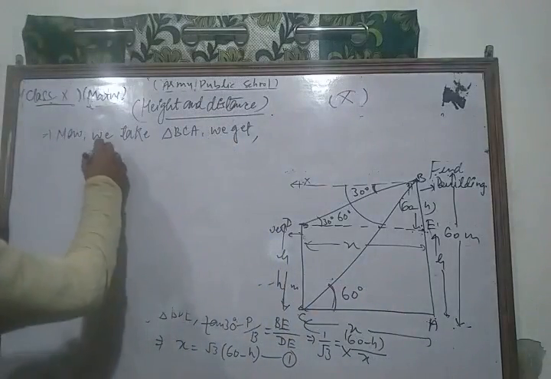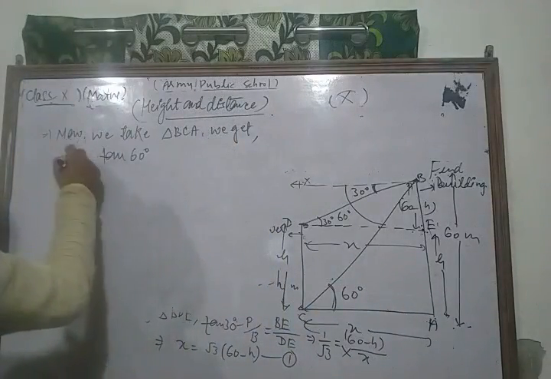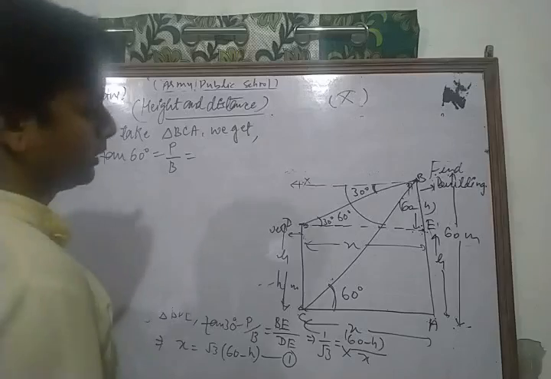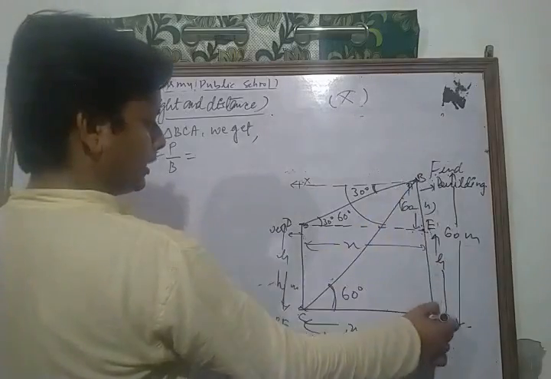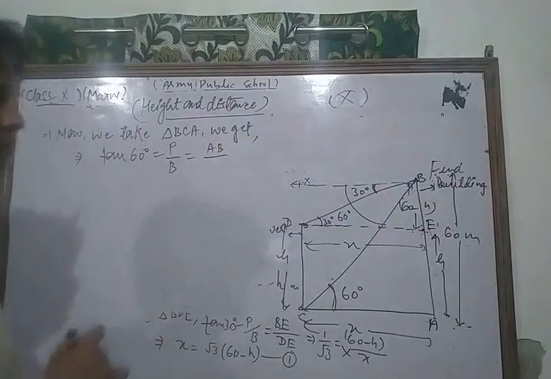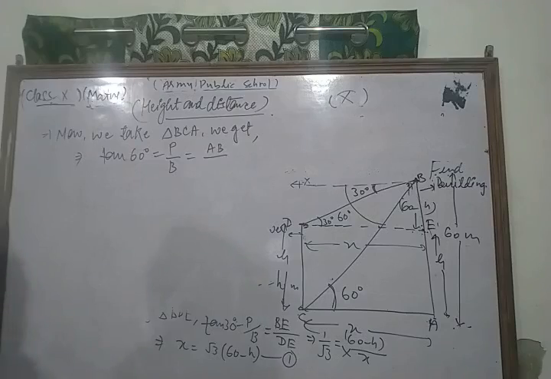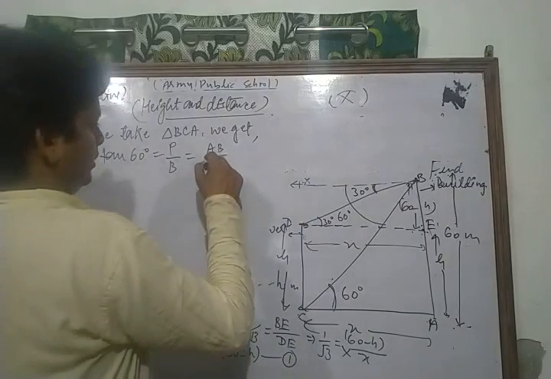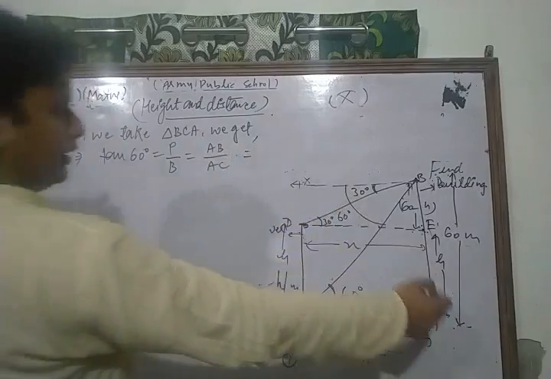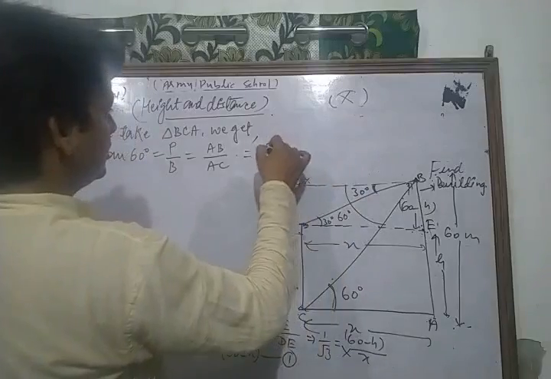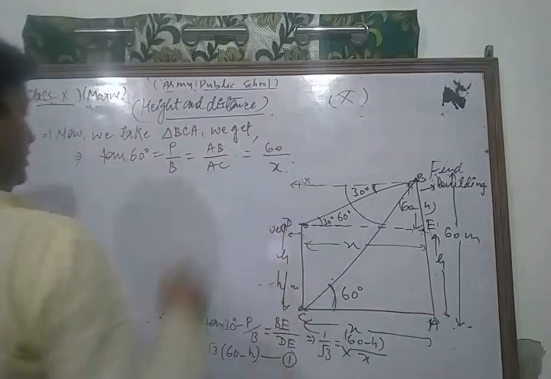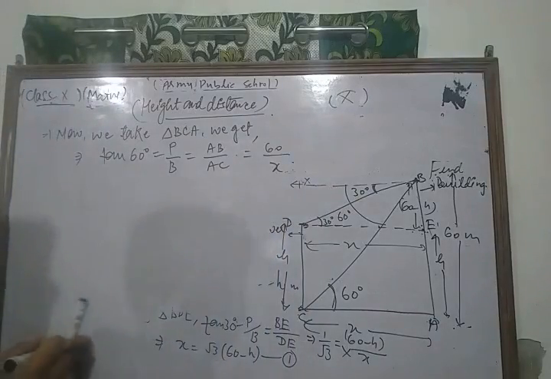So tan 60 is equal to perpendicular upon base, and for that triangle the perpendicular is AB and the base is AC. So AB is 60 upon AC, which is x.